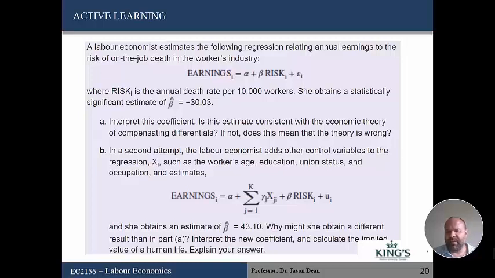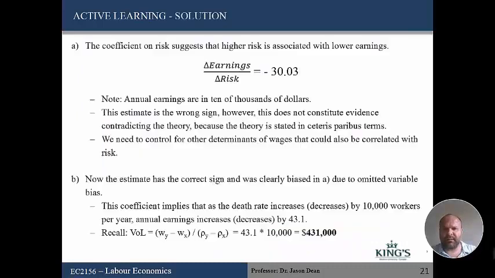A 1 unit increase in the risk level increases earnings by 43.10. These earnings are actually in tens of thousands of dollars, so keep that in mind.